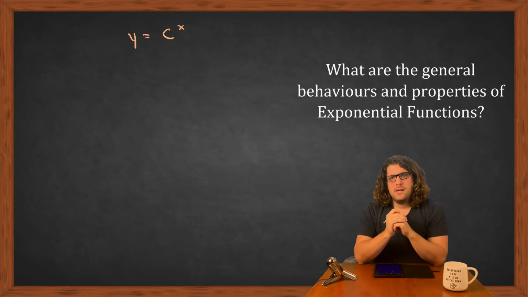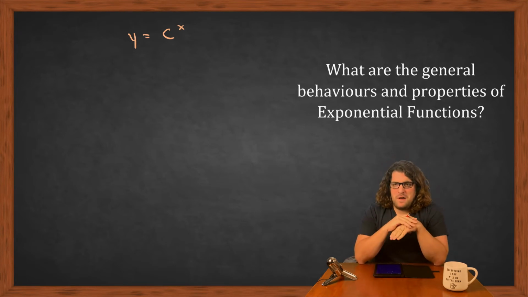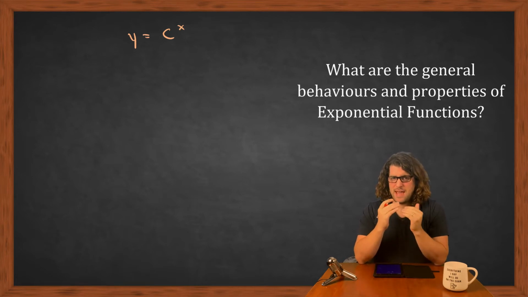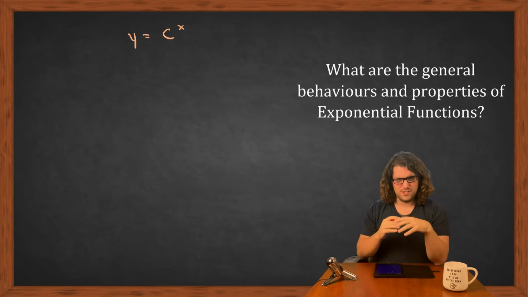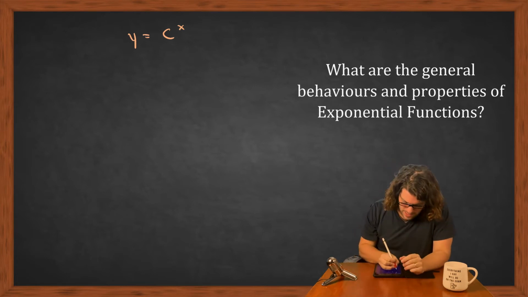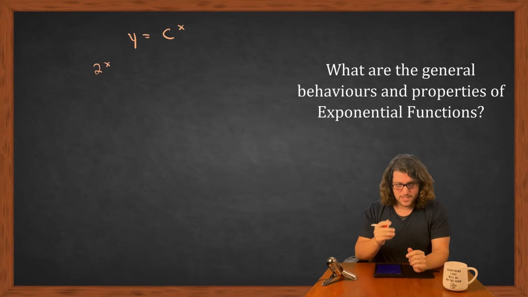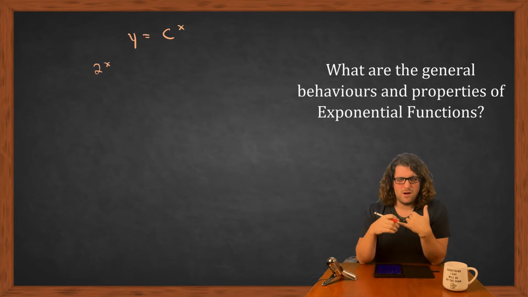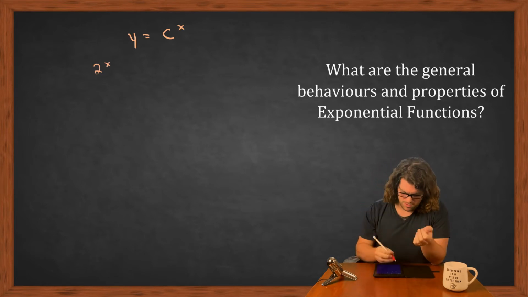Now that base is kind of peculiar because it behaves really nicely under certain circumstances. So for instance, if I had 2 to the power of x, you can imagine that 2 to the power of different things is a fairly normal thing to evaluate.